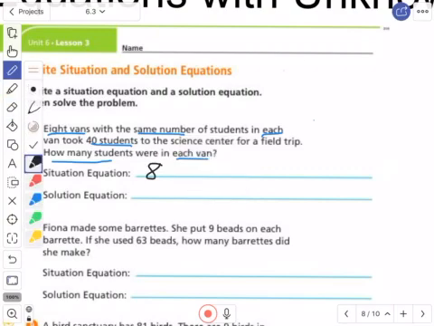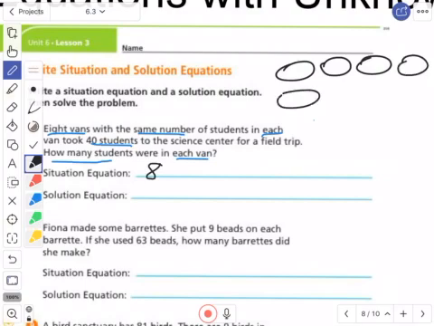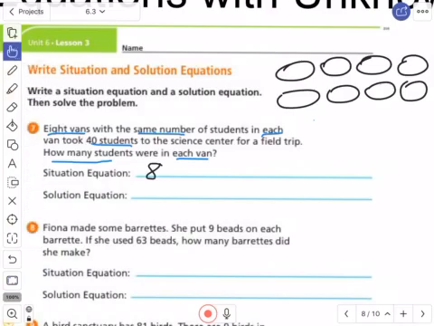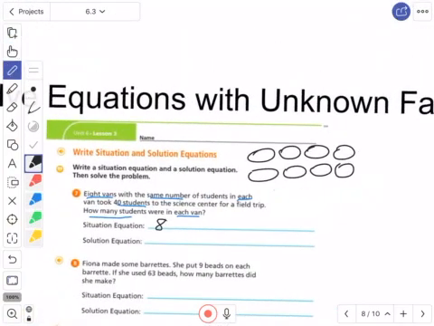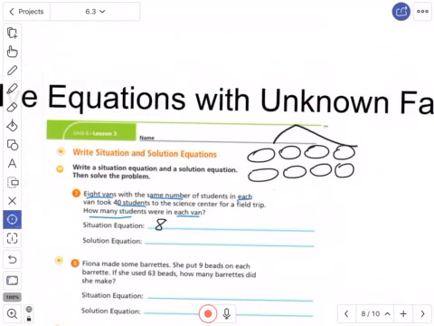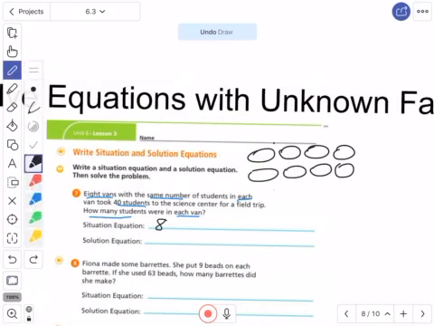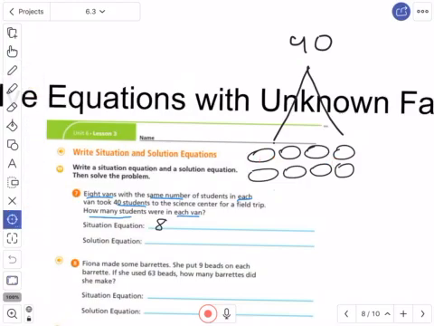So there's 8 vans. 1, 2, 3, 4, 5, 6, 7, 8. The same number going in each. And then if I put all of these together, that'd equal 40. So I have to figure out how much is going to go in each of those.